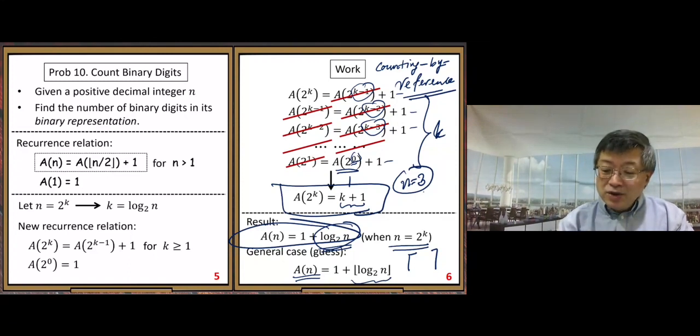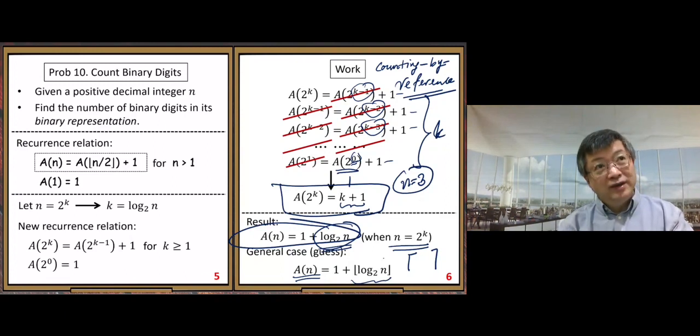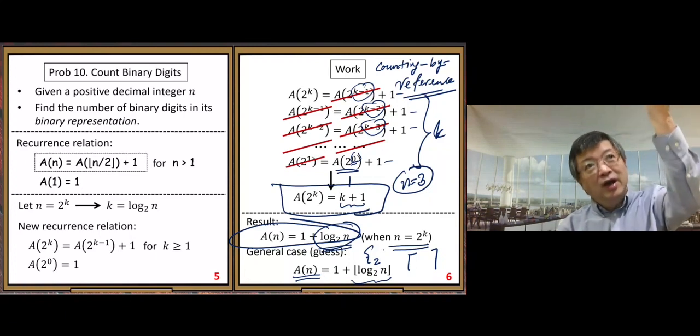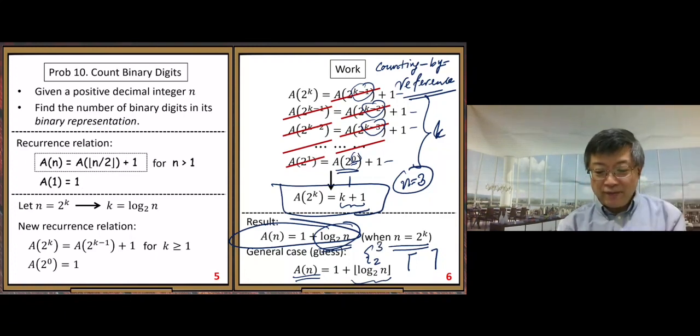When n equals 3, log base 2 is 1 point something. With the floor function, you get 1. 1 plus 1, you get 2. With the ceiling function, you round it up and get 2, because 1 point something rounded up is 2. 2 plus 1, you get 3.